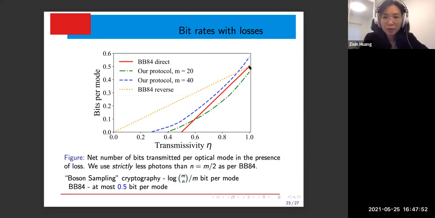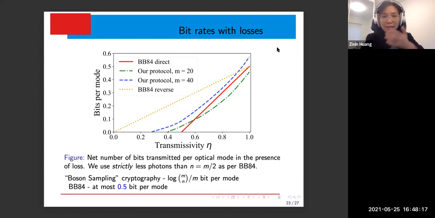But oh yeah, I should talk about the graph. So here we have BB84 in direct reconciliation plotted in red there. It only makes sense to compare our protocol to BB84 in direct reconciliation, because our protocol is a direct reconciliation protocol. What that means is that you're encrypting all your information at the point of transmission.